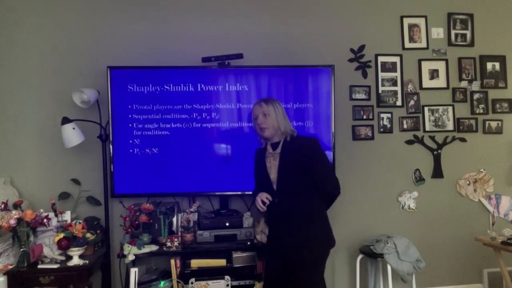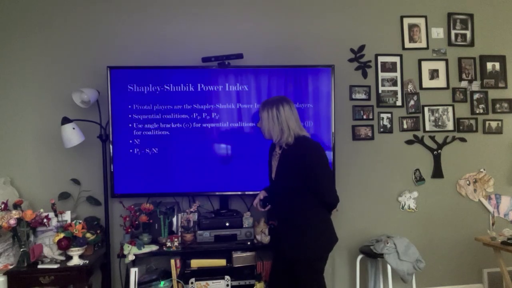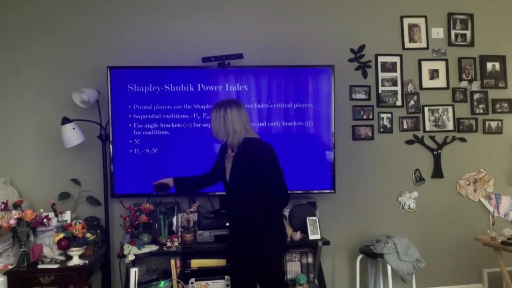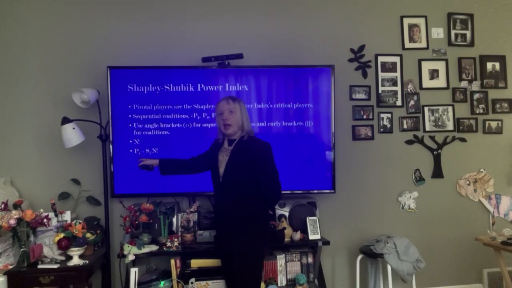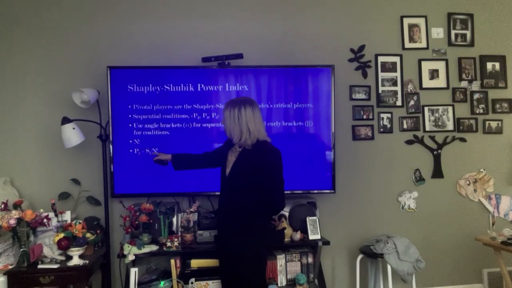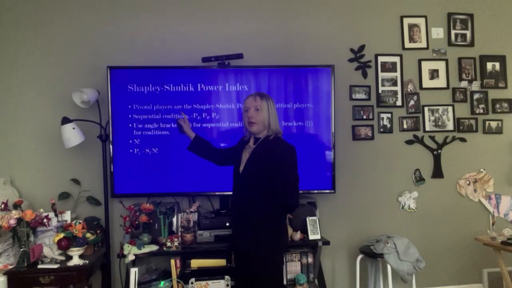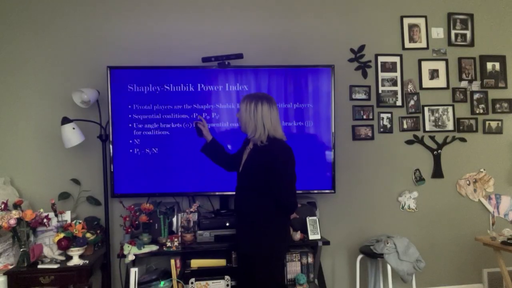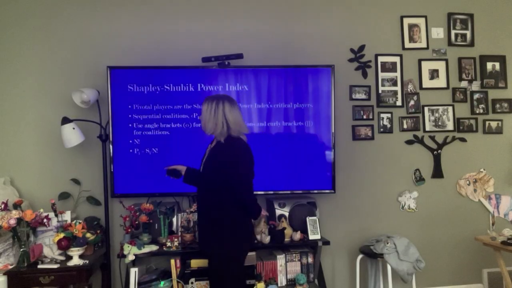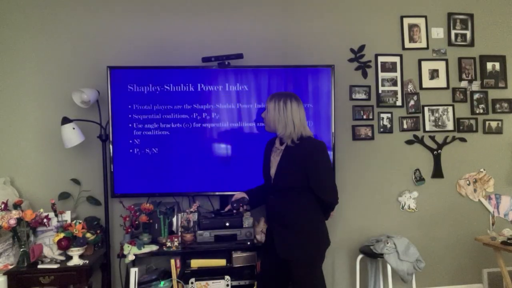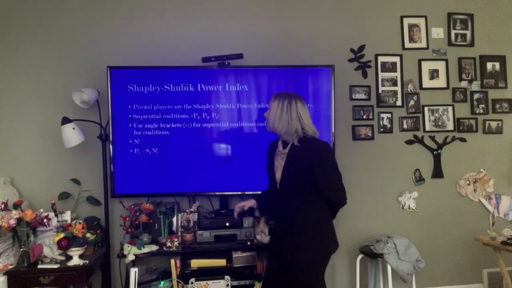To find the value of each player, or the power of each player, you're going to take this lovely formula here, which is pi, which is the player, equals si, which is the amount of times it's been a pivotal player, divided by n factorial, which is the total amount of different sequential coalitions.